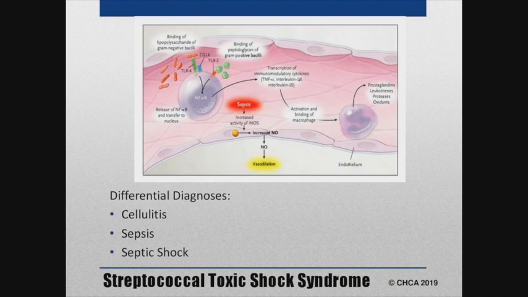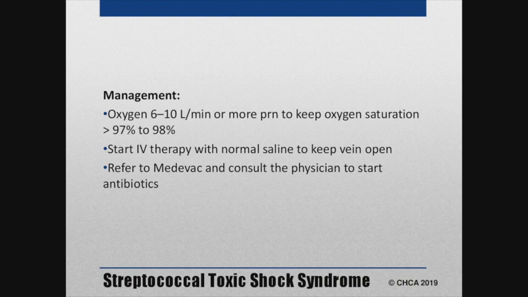Some of the other differentials you'd be thinking of are cellulitis, sepsis, or septic shock, which of course would also lead you down the path to stabilization and medevac. So the management for this would be initiating the medevac, ensuring that you have additional assistance, oxygen at 6 liters, and then PRN to keep those saturations above 97.